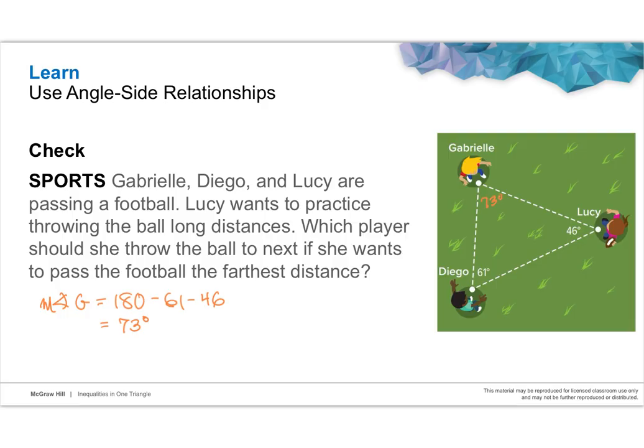And when we place that on the diagram, we can see that the distance from Lucy to Diego is opposite a larger angle than from Lucy to Gabrielle, because our 73 degrees is larger than our 61 as far as those angles. So that means that she wants to pass the football to Gabrielle.